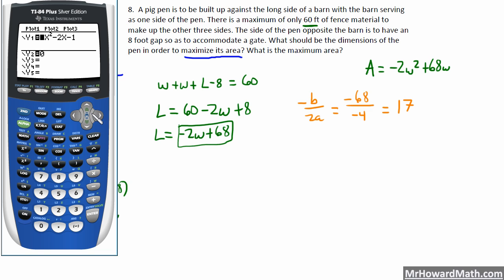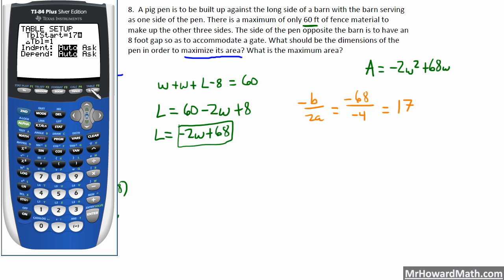So we can plug that in real quick. So we get negative 2x squared plus 68x, and I'm going to jump in my table to an x value of 17 because I know that's my maximum x value, that's my vertex value, and I want to find the y coordinate there so I can set my window.